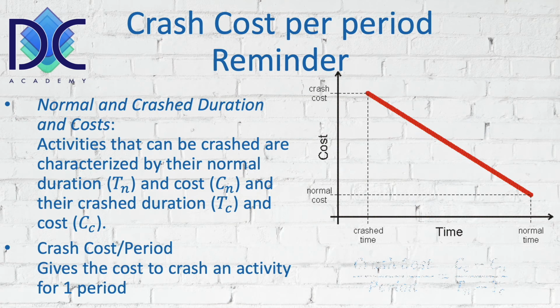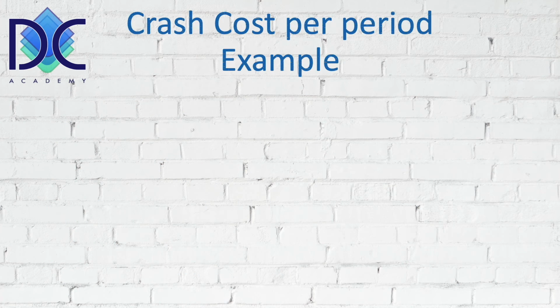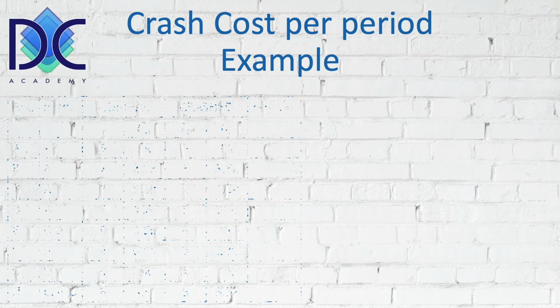Based on that, we can calculate the crash cost per period, which is given by the fraction: crash cost minus normal cost, divided by normal duration minus crashed duration. And that's what we're going to apply. In the first step, we're going to calculate the crash cost of all the activities that we have.